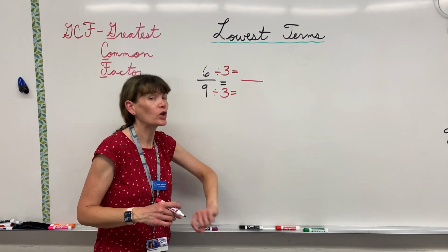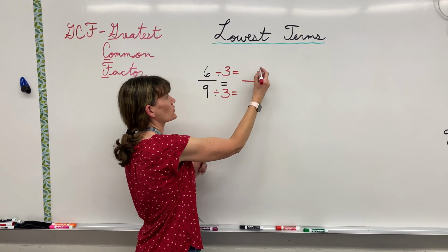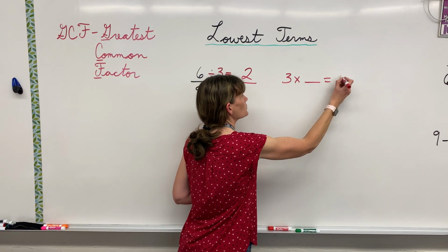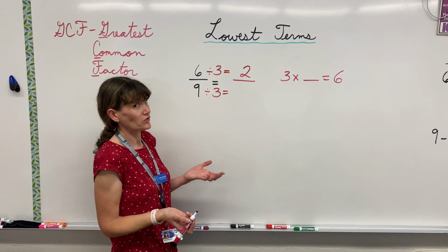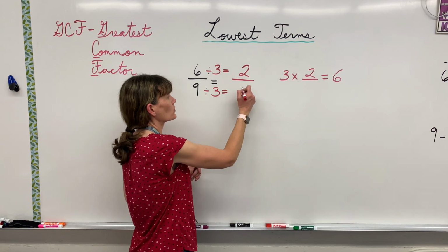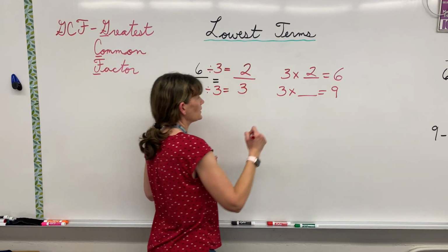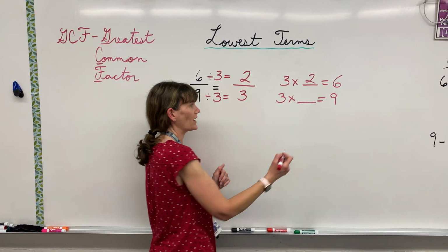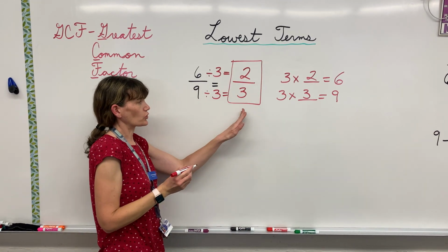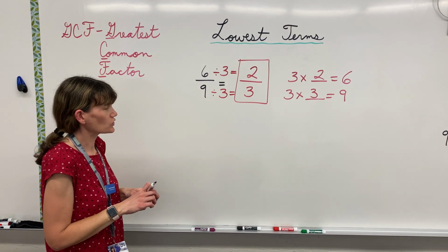So you can think in your brain 6 divided by 3, and that's 2. Or, of course, you could think of it as 3 times what equals 6, because it's a fact family. So your 2 would go in there. Okay. 9 divided by 3 is 3. Or again, 3 times what equals 9. And so you get 2/3. So 6/9 is reduced to 2/3.